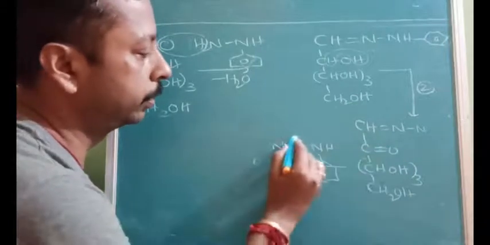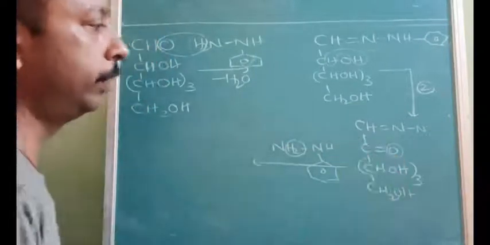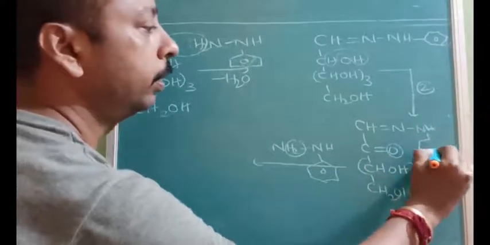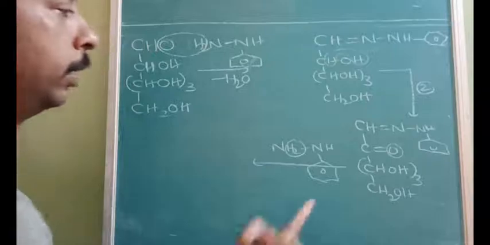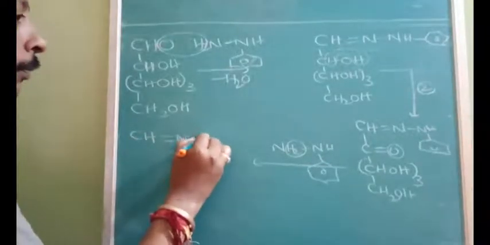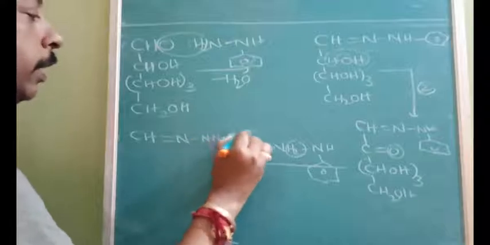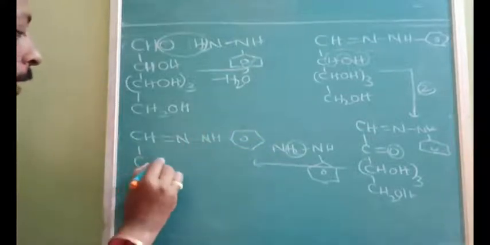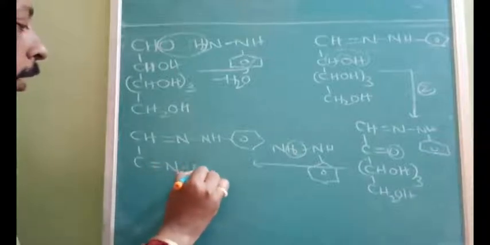One more mole can also be used, where this hydrogen and this oxygen will be removed. The same happens everywhere. So the second molecule also attaches here, CH double bond N, NH and phenyl. The second product will be C double bond N, NH.